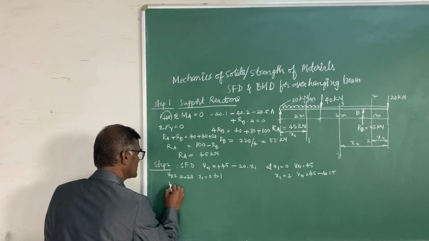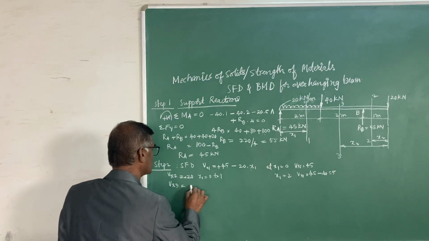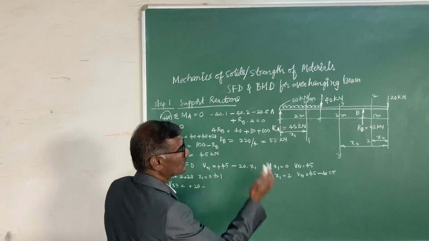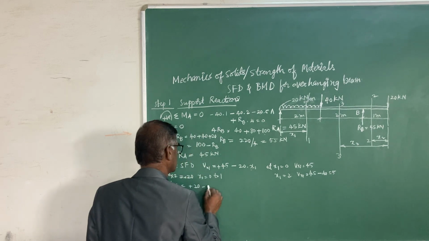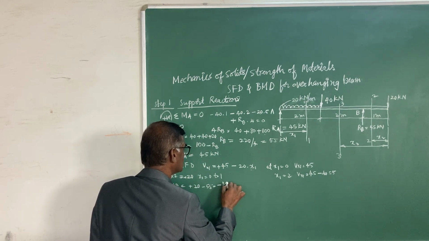And the last equation, Vx3 equals 20 kilonewtons contributing clockwise turning effect, that is positive, minus 55 kilonewtons, this is contributing anti-clockwise, so minus 55, and this value is minus 35.